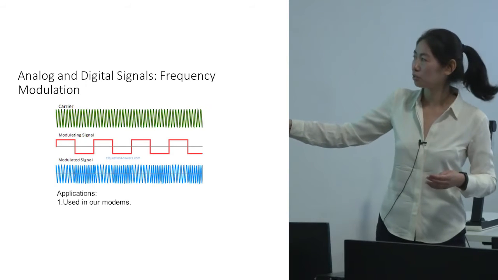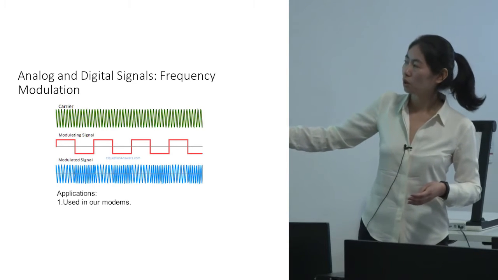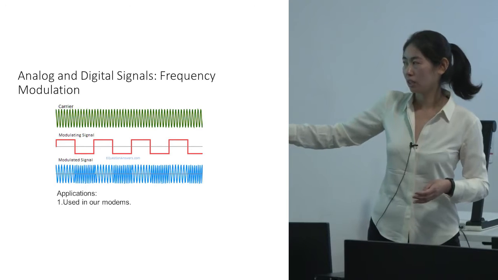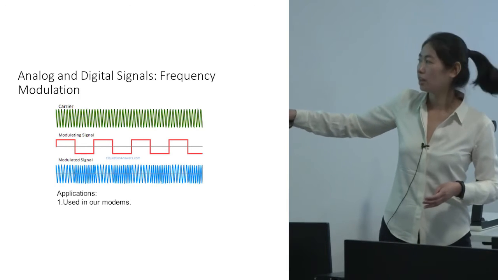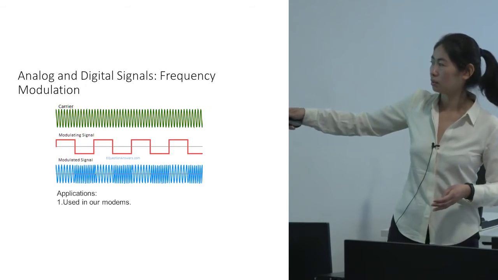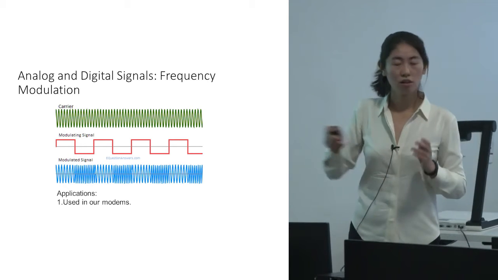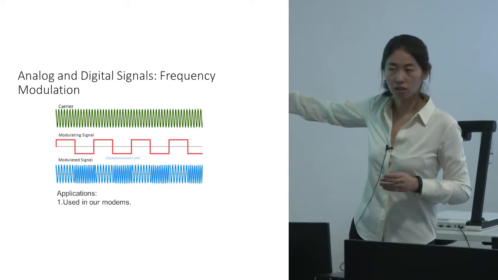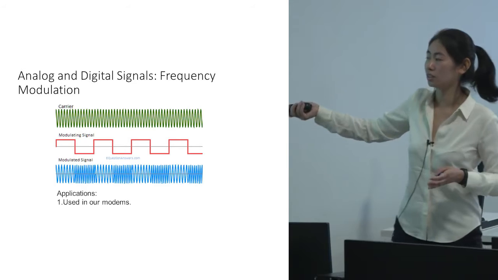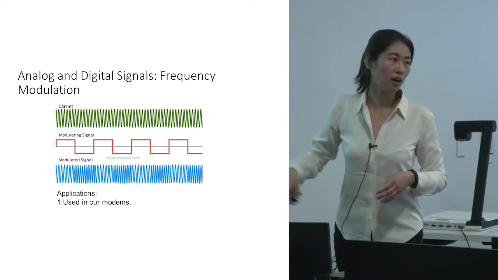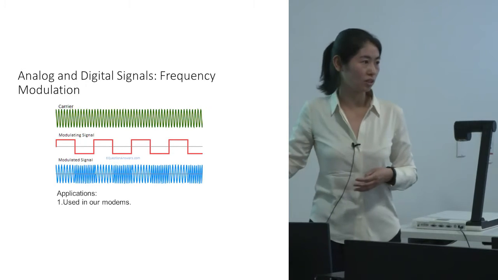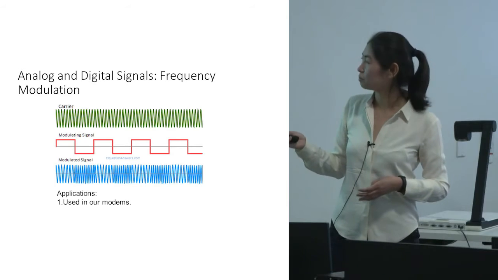In this case, I double the frequency. So I keep the original signal, modulate it to twice the frequency, and keep the original signal. All these changes of the frequency follow my modulating signal. So this is called frequency modulation. The application for this is our modems, which use this type of modulation.